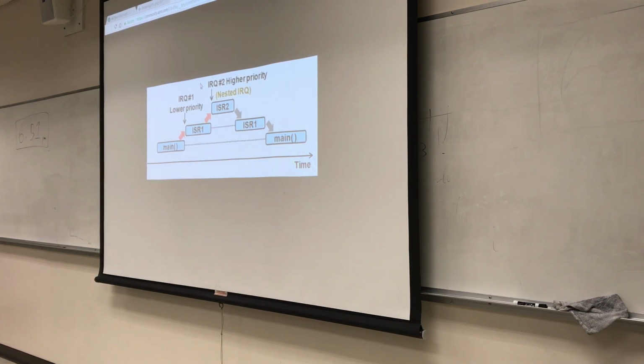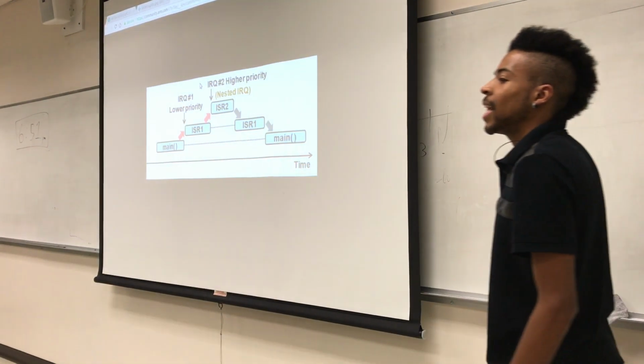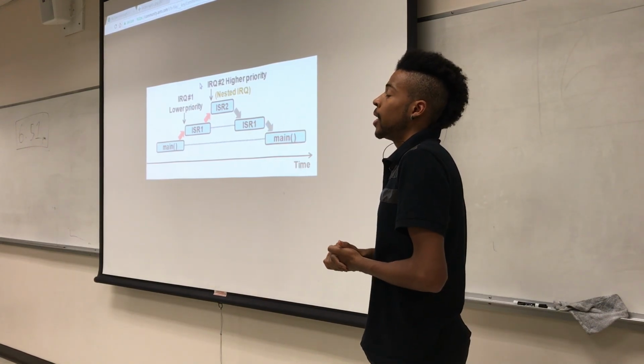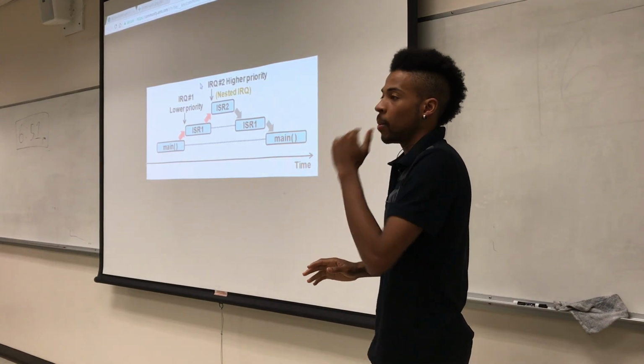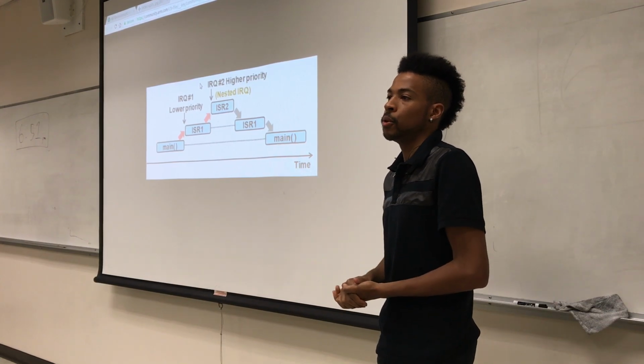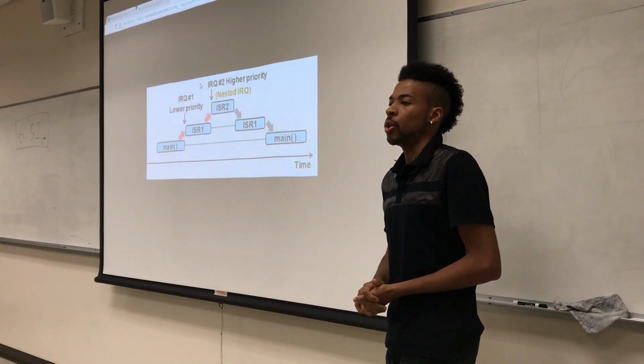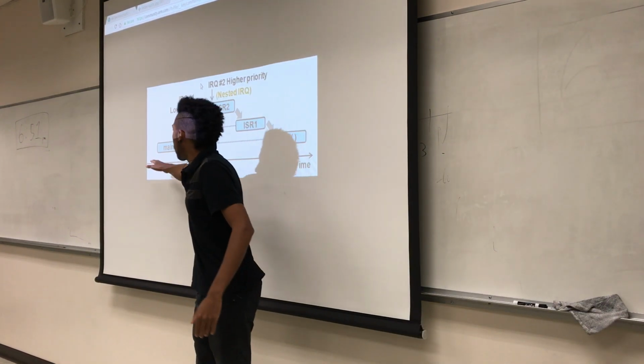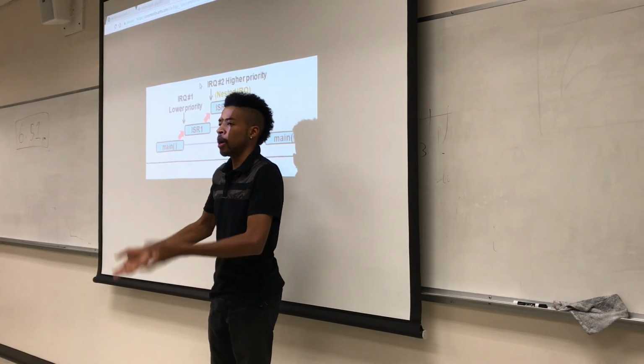And then you have something like this, where you have a nested vector interrupt table, with an NVIC system, which is usually what it'll go by. If you're looking for a microcontroller that you want to use in the future, and you want to use interrupts with that microcontroller, you might want to see if it has an NVIC system. Typically, you'll have your main running, and at some point, another interrupt will occur.